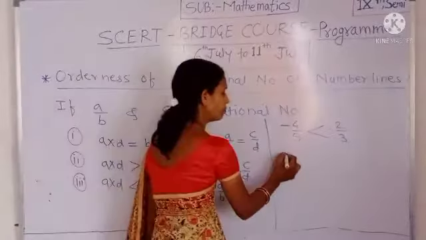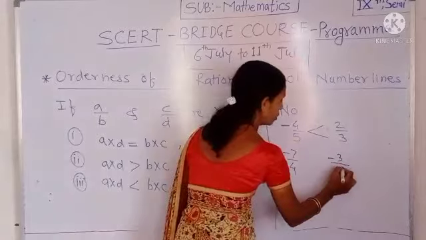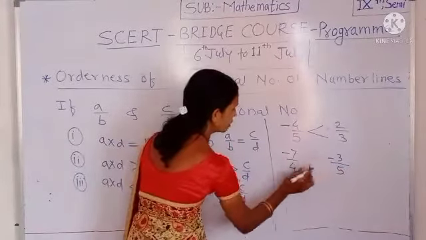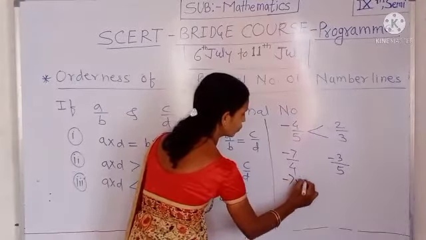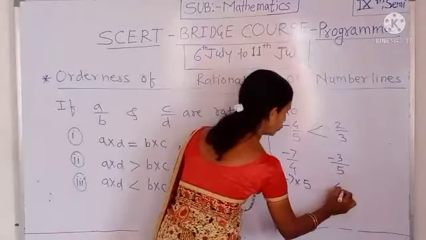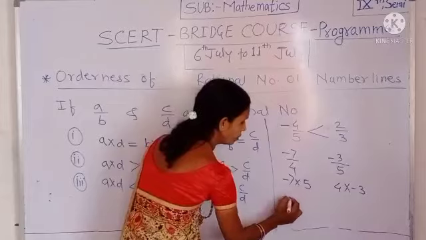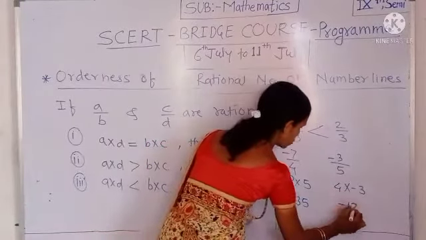As well, see here, minus 7 upon 4 and minus 3 upon 5. Then we do the multiplication: minus 7 into 5 and 4 into minus 3. Minus 7 into 5 is minus 35, and 4 into minus 3 is minus 12.